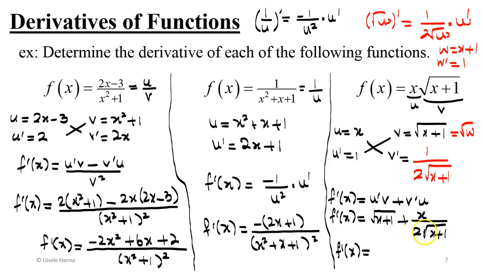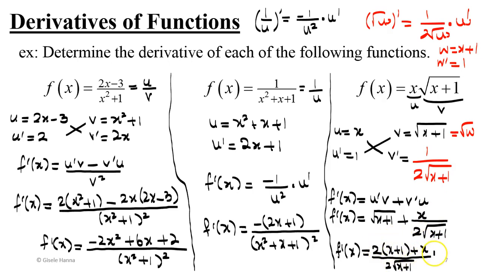The common denominator is 2 times square root of x plus 1. So over here, reducing to the same denominator would leave me with 2 times (x plus 1) for the first one, because square root of x plus 1 times square root of x plus 1 is x plus 1. So plus x over the common denominator, which is 2 times square root of x plus 1.